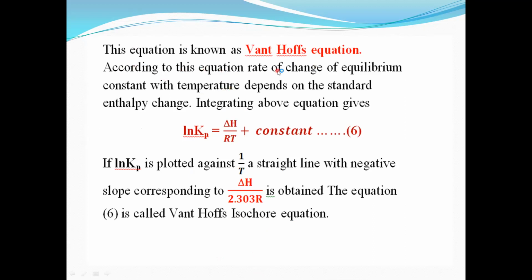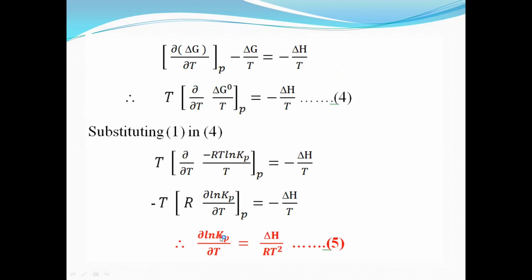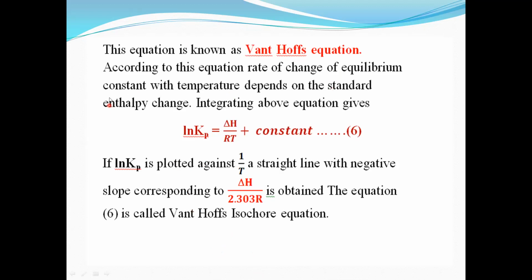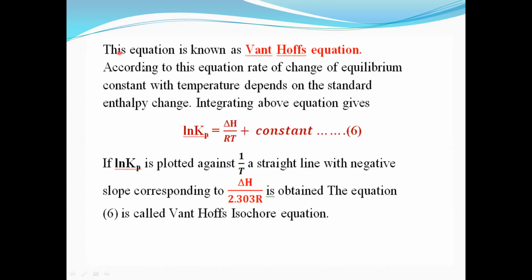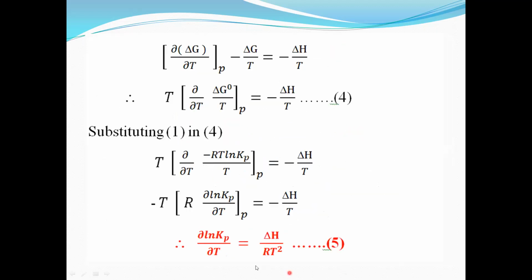Now according to this equation, rate of change of equilibrium constant. See here, this is ln Kp, Kp is the equilibrium constant, and partial derivative with respect to T means it is the rate of change of equilibrium constant with temperature, because it takes place with respect to T, that is partial derivative of ln Kp with respect to T. So according to this equation, rate of change of equilibrium constant with temperature depends on the, R is constant, T square, that is T is temperature, that is also constant, and that is the delta H. What is delta H?